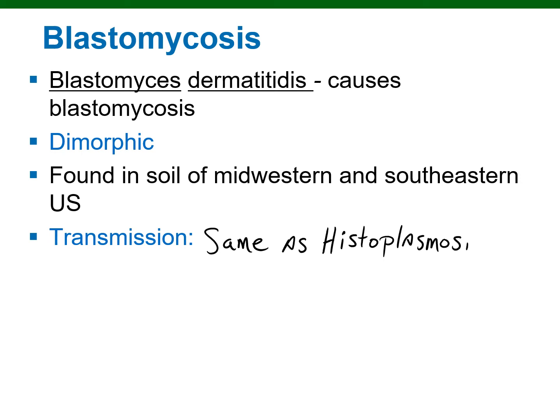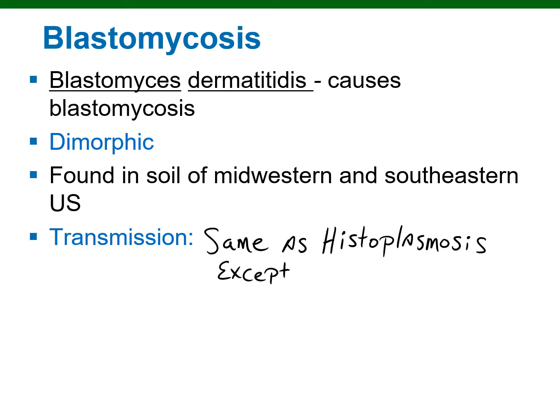Histoplasmosis has been shown to be associated with soil that's enriched in bird droppings or high nitrogen content, but researchers in the world of mycology have not seen the same association with blastomycosis.